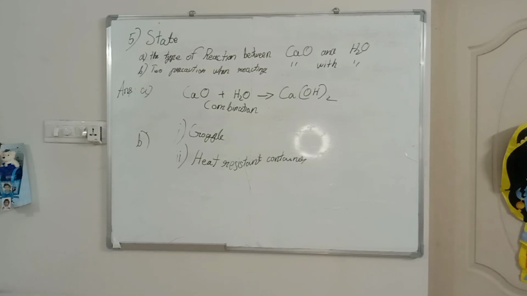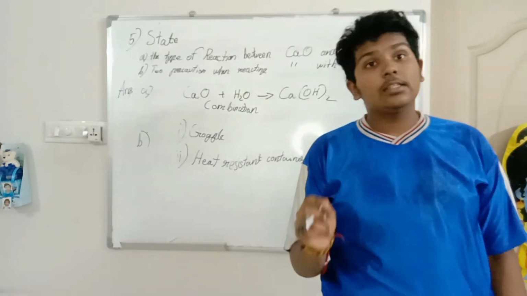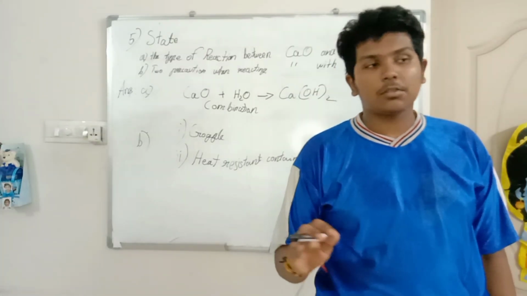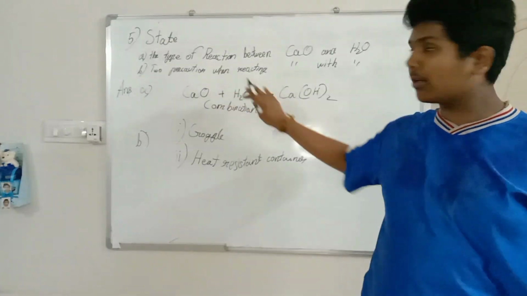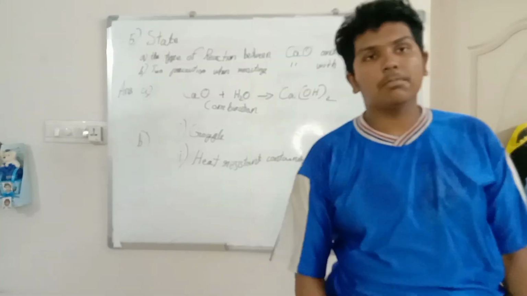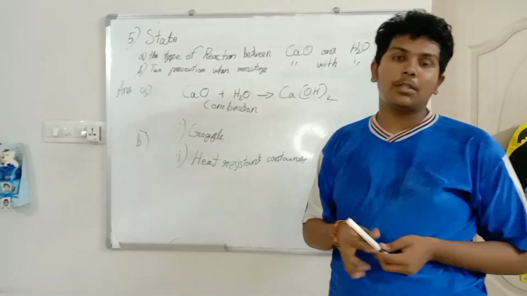These two you can write. And also it might harm your finger, cause skin problems. So either you can write these two. Two precautions only, no? So write two precautions. 2 points is enough to answer this question.